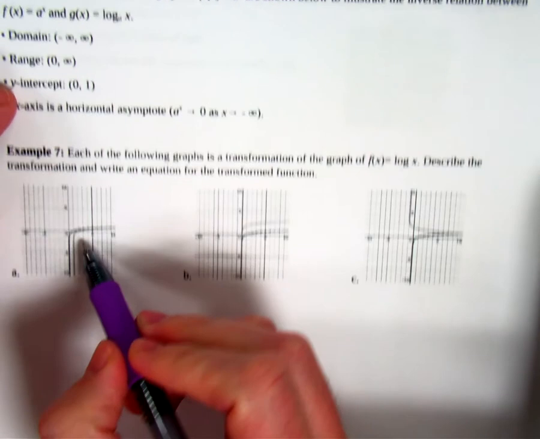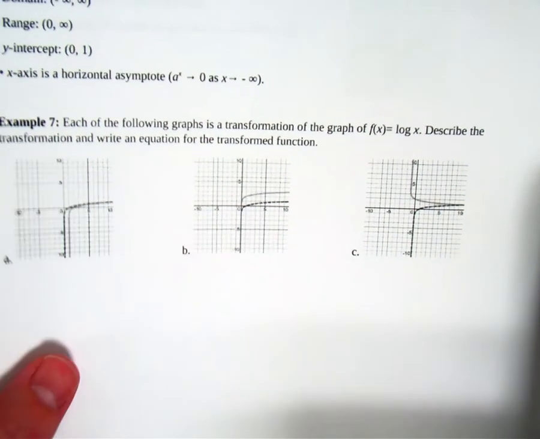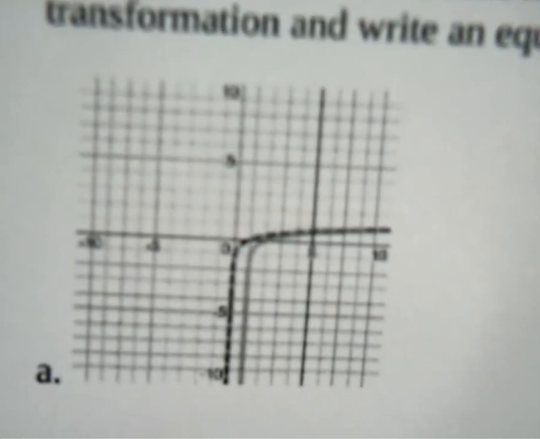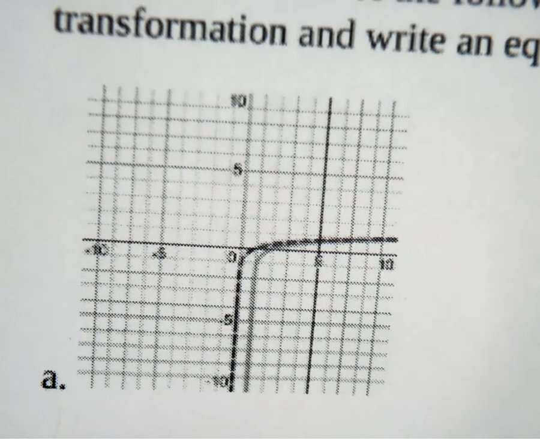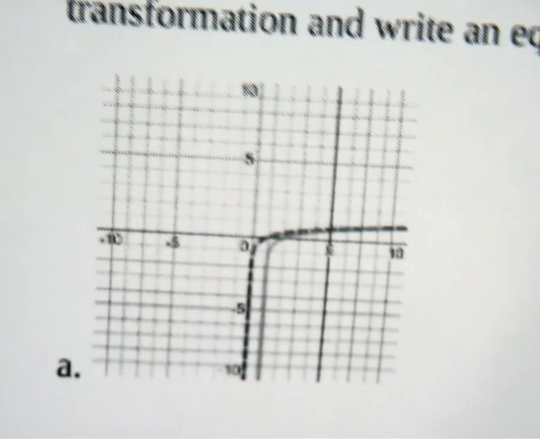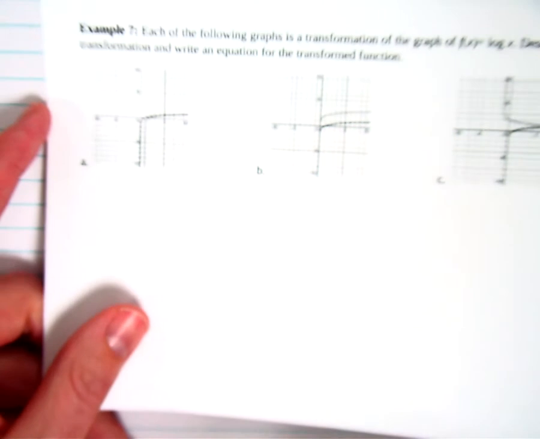So what do we have here? It's tough to see. It's really small. If I zoom in, I'm not going to be able to see the rest of it. Alright, so it does appear that we just shifted 1 unit to the right. So we're 1 unit to the right.